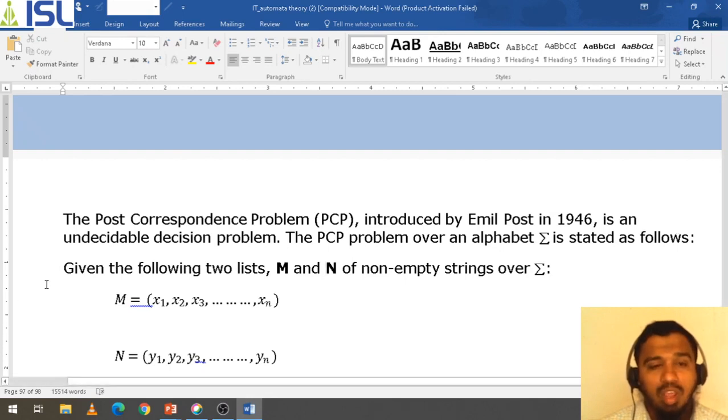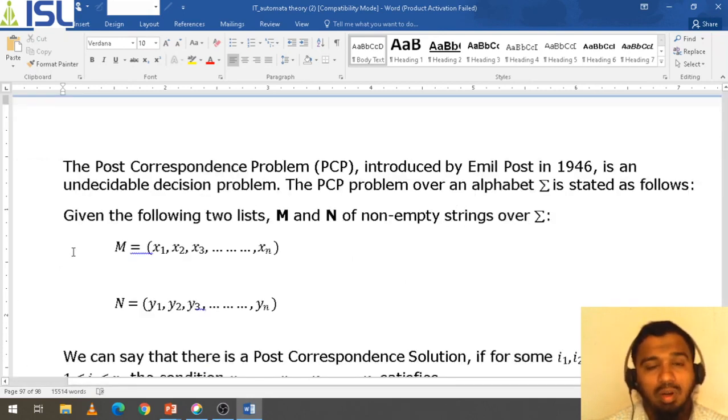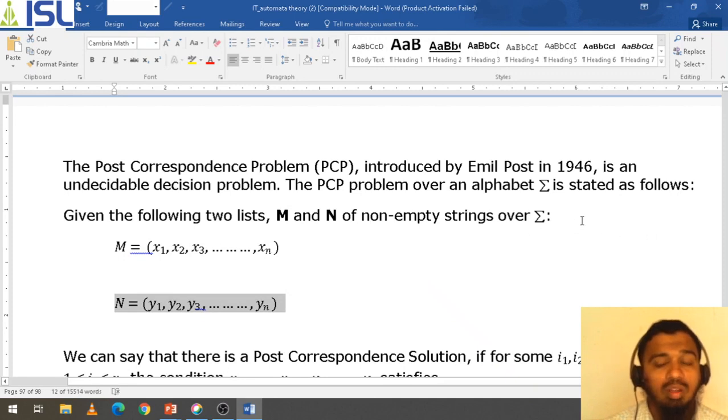Okay, so for understanding the PCP we need to follow some steps. Given the following two lists, first one is M, second one is N, of non-empty strings over sigma.